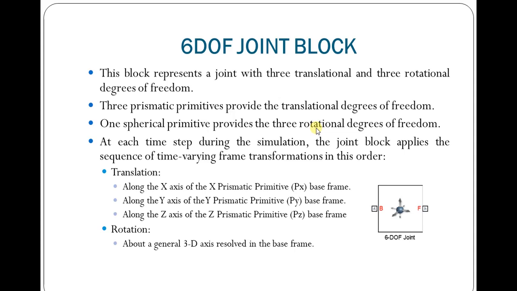Next we have the 6 degrees of freedom joint block. This block represents a joint with 3 translational and 3 rotational degrees of freedom. 3 prismatic primitives provide the translational degrees of freedom, that is in x direction, y direction and z direction, and one spherical primitive provides the 3 rotational degrees of freedom, that is rotation about x, rotation about y and rotation about z.